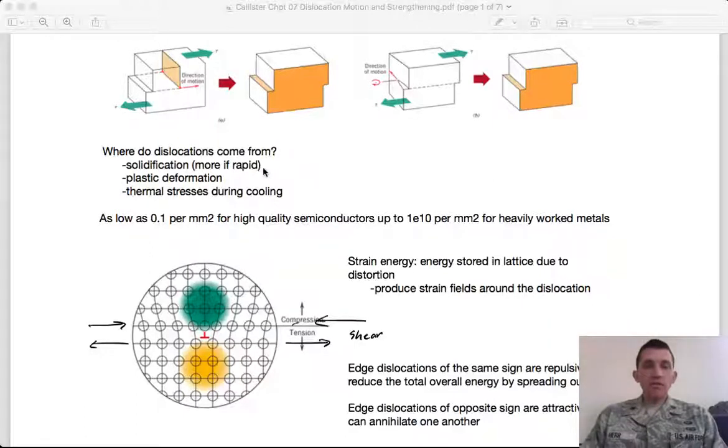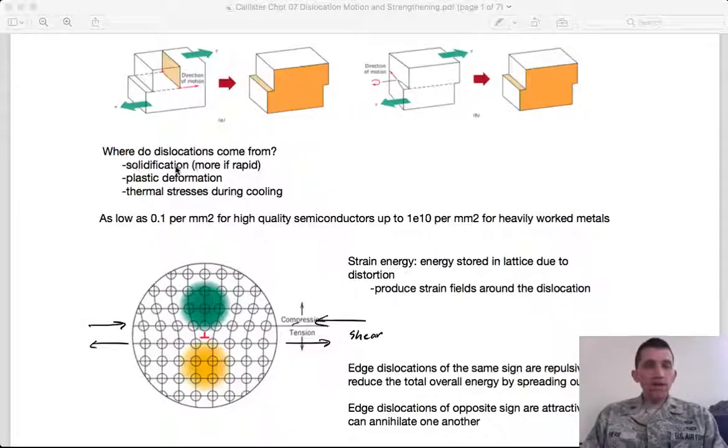And if you want to form a very high quality crystal, say for semiconductor use, which we'll talk about in the second half of this course, growing those crystals is done under an exceptionally slow and very carefully controlled thermal process. Because you want to have plenty of energy for these atoms to move exactly where they need to be, so that we don't have these dislocations form during their formation.